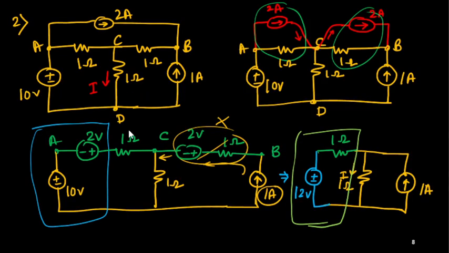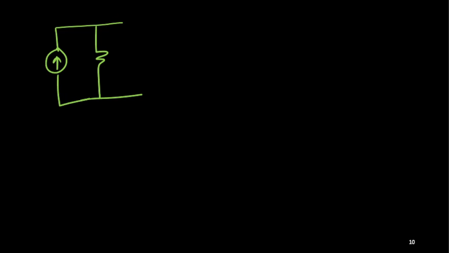Can you see? I get one current source and one resistance. This is for this part. Then I have this resistance and this current source, which again I will put here. I will consider this resistance and this current source.